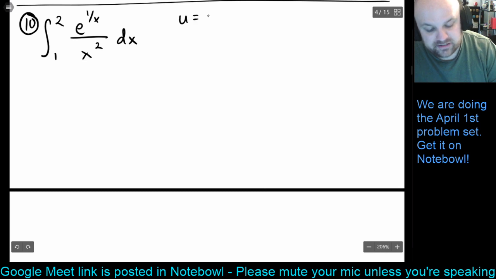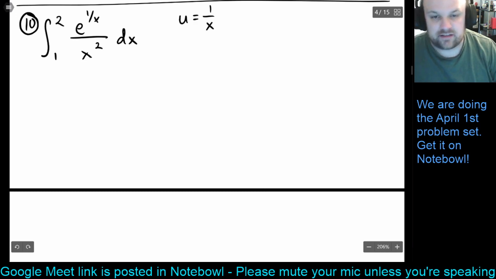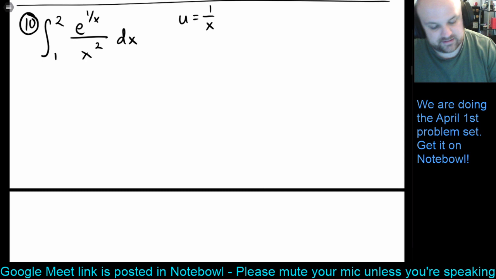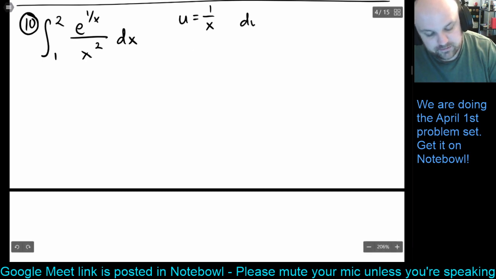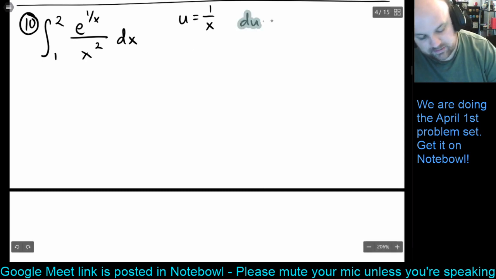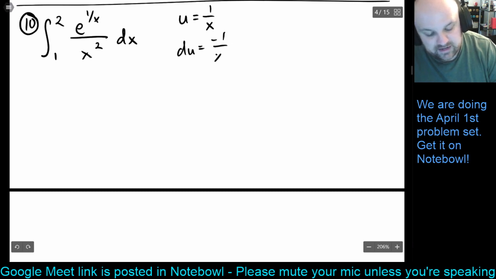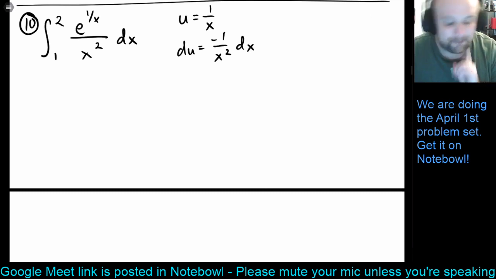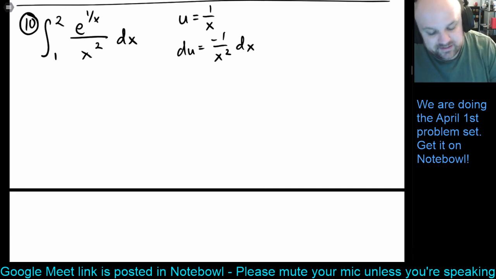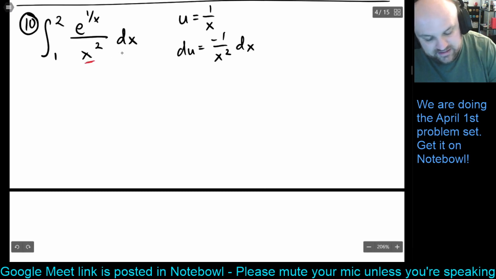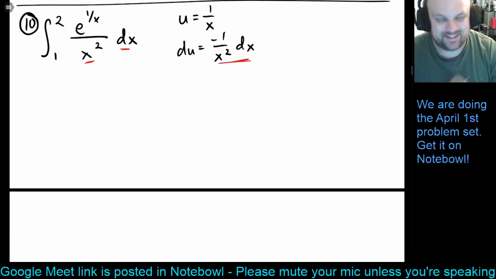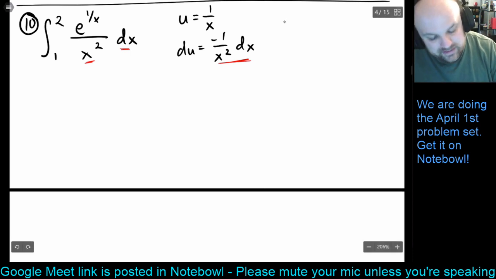We're going to choose u to be the inside of that composition, 1 over x. Du is negative 1 over x squared dx. Notice that x squared and that dx is this right here.